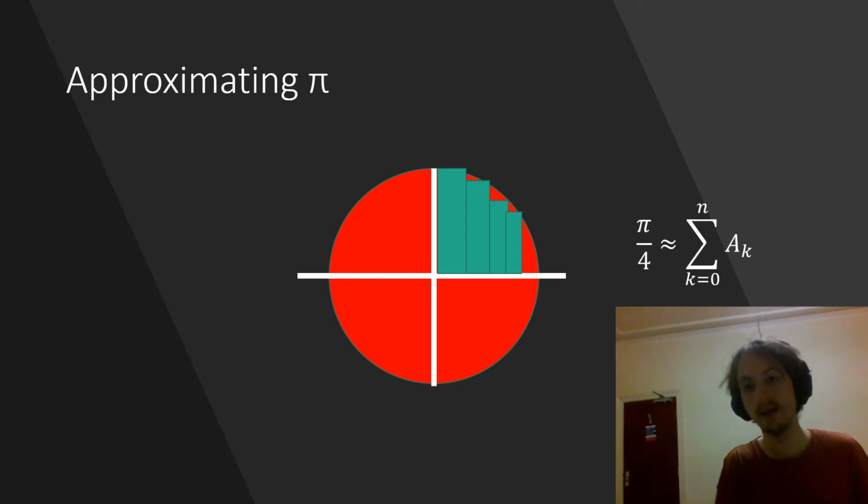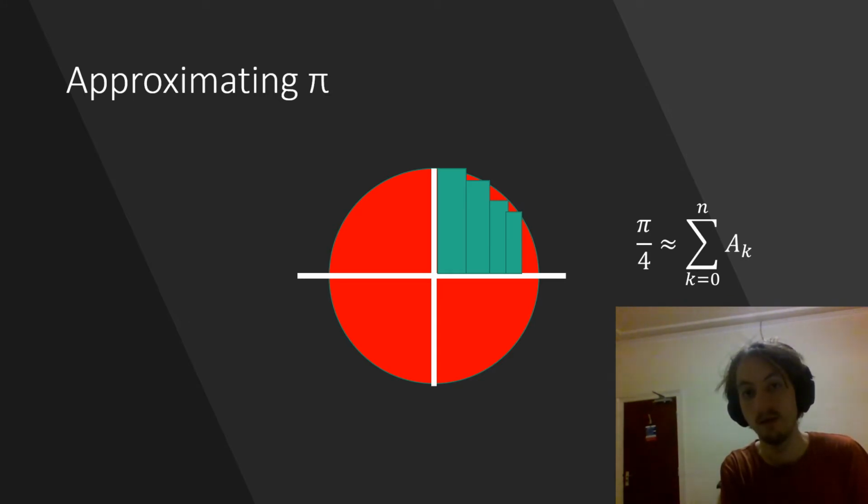Now we can approximate the area of the circle in one of these quadrants by essentially, instead of considering the circle as a whole and then dividing it into 4, considering a series of rectangles, and rectangles are easy to calculate the area of, because the area of a rectangle is just its width times its height by definition.